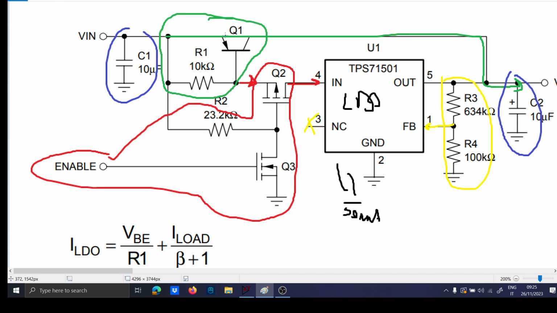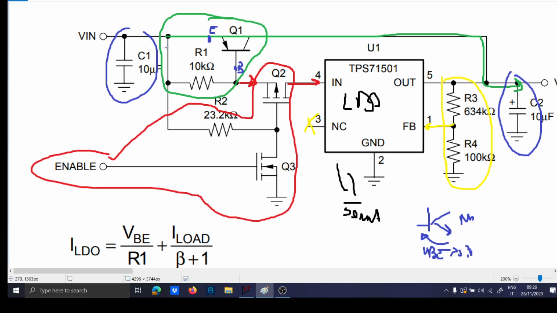So the current flow here follows a very simple trick. This is the base of the transistor, and this is the emitter. To turn on, you should think the opposite. You do remember that a normal NPN transistor, when it is on, has a VBE greater than 0.7.